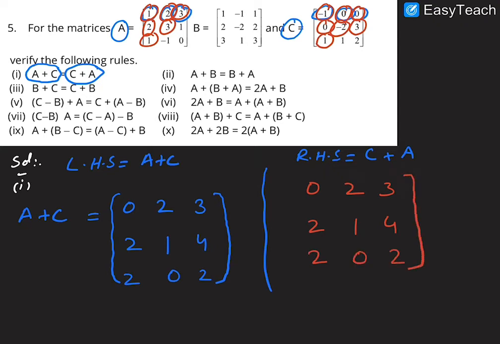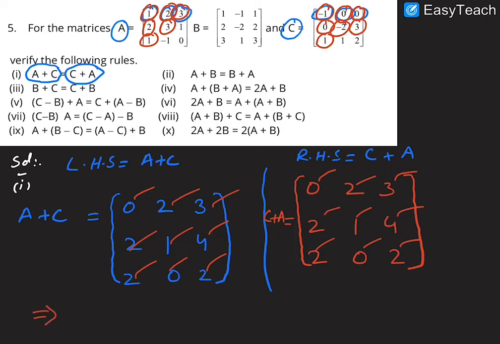You can see A plus C and C plus A. This one is C plus A. So both are the same. 0 here, 0 here, 2 here, 2 here, 3, 3, 2, 2, 1, 4, 1, 4, 2, 0, 2, 2, 0, 2. So both matrices are equal.